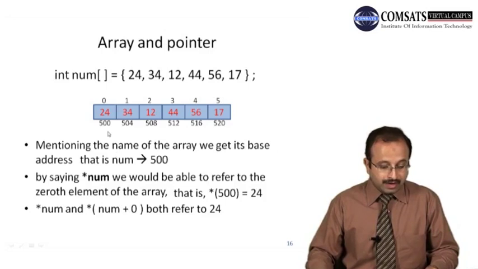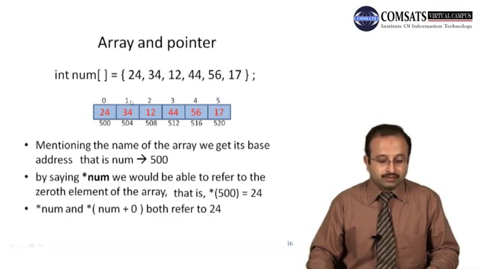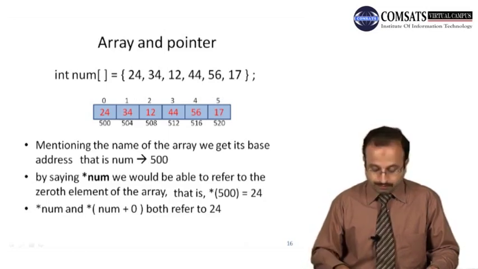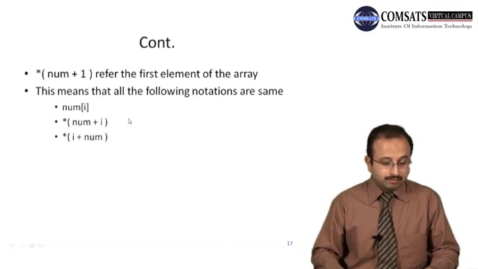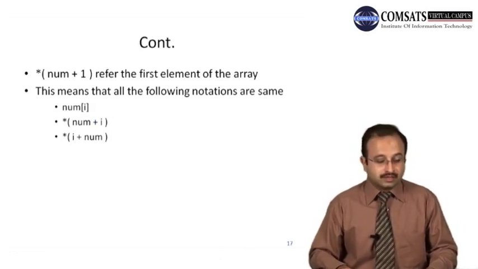When you add 1 to 500, it becomes 504. And we have the * with it, within the bracket num+1. So *504 is the value at address 504, that is the value of the first index, that is 34. So *(num+1) refers to the first element of that array. 0th element, first element, or we can say the element at the first index.